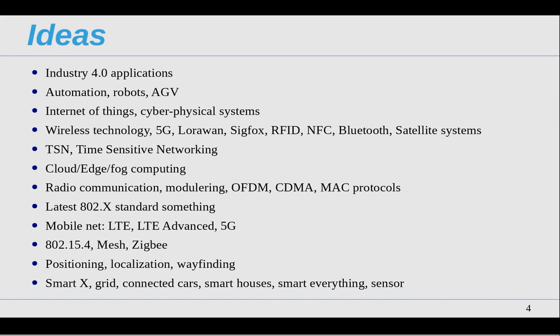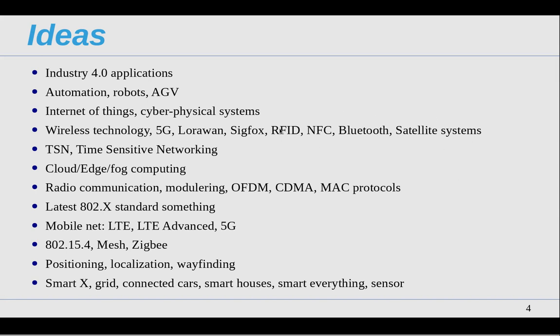And here are some buzzwords maybe. So it could be Industry 4.0, smart stuff, automation, robots, AGV, that thing you have played with. Internet of Things, cyber-physical systems, wireless technology of all kinds.